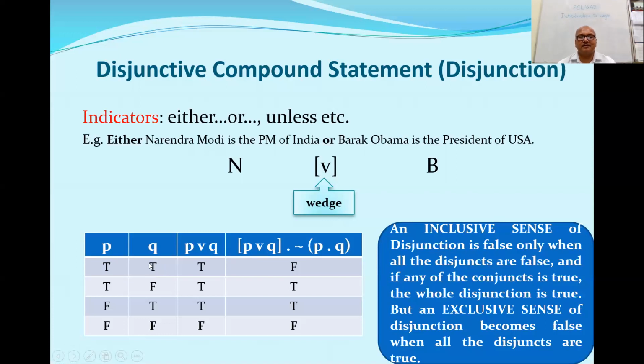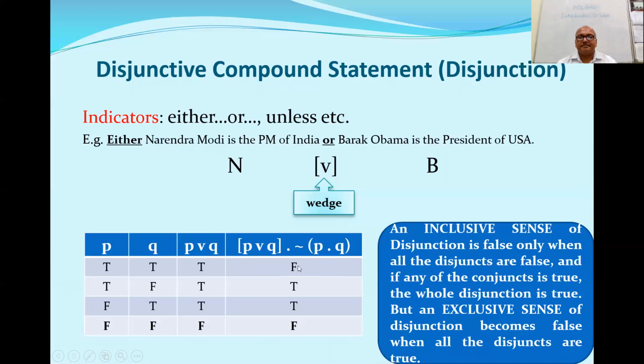Refer to the previous table, conjunction. If P and Q both are true, then P dot Q will be true. But then you put negation. So the total value of P dot Q will become opposite, right? So P dot Q is true. Therefore, negation of P dot Q becomes false. So if this part is false and this part is true, you know true conjunction false becomes false.